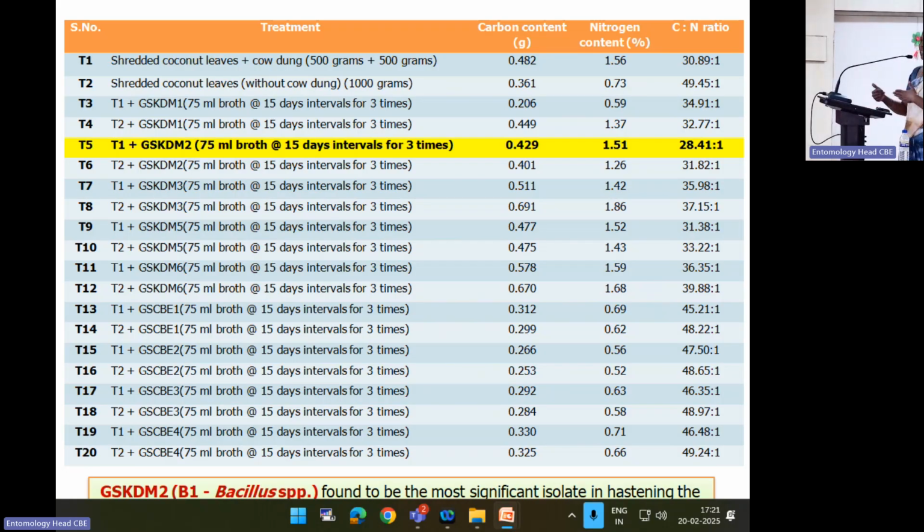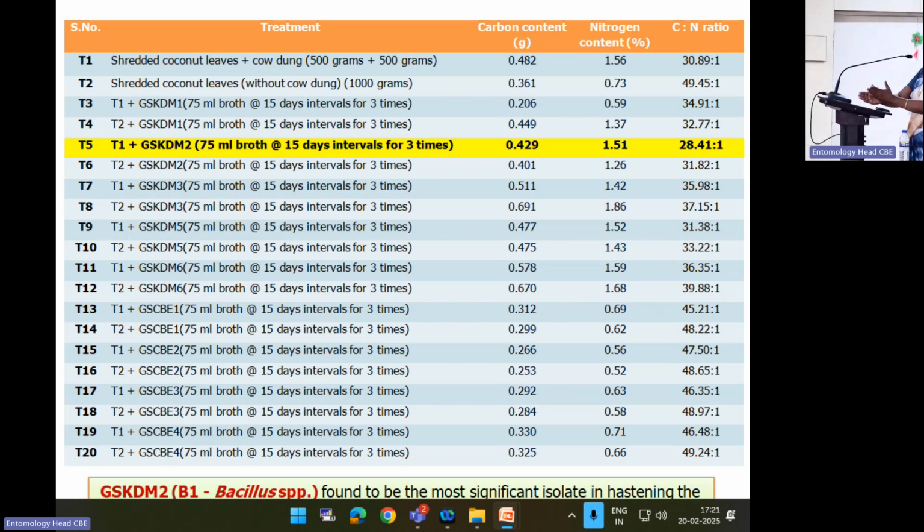All the isolates were included in the treatment schedule except the Pseudomonas fluorescens. The isolates were sprayed on the composting material once in 15 days, at least 3 times, because the composting period is almost 60 days.